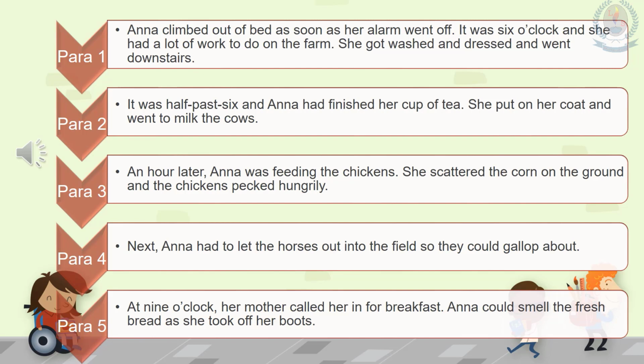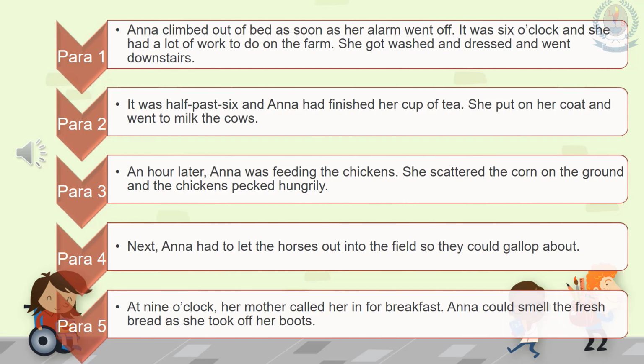Paragraph 4. Next, Anna had to let the horses out into the field so they could gallop about. Paragraph 5. At 9 o'clock, her mother called her in for breakfast. Anna could smell the fresh bread as she took off her boots.